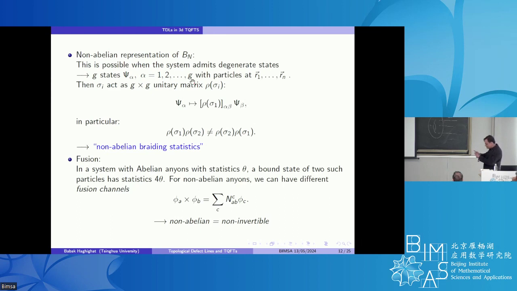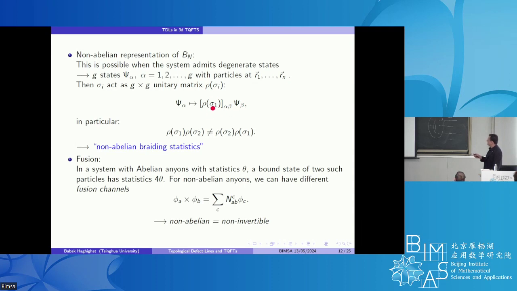And then if you exchange these particles, your braid group will act in a matrix representation. It doesn't have to be a phase. It can be a complicated matrix acting on these degenerate states. If there's only one state, then of course there's only multiplication by some C star number or something like that possible.